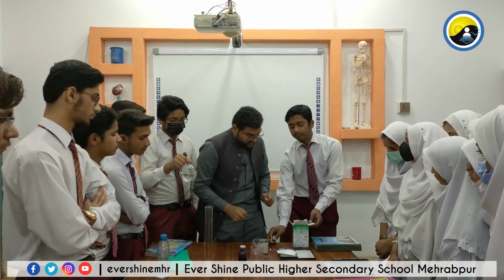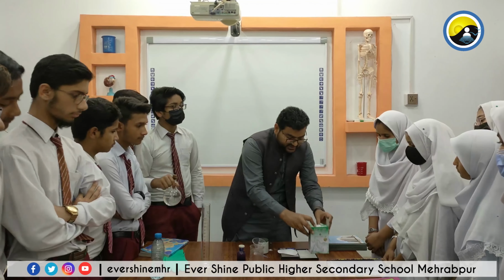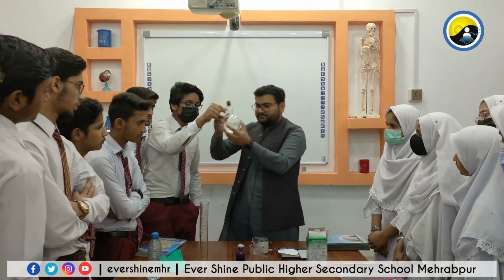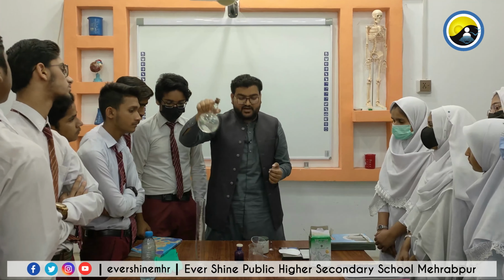Okay, so we have 10 grams of our glucose, that is the reducing agent. Is it dissolved? Yes, sir. So now our oxidizing agent is already dissolved. Now we will add our reducing agent to our oxidizing agent.